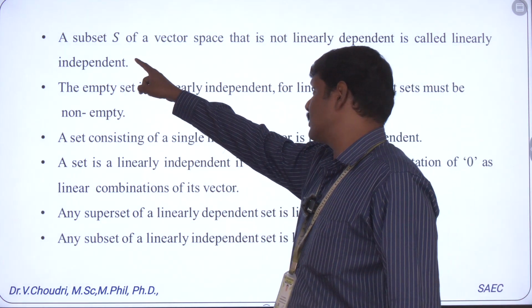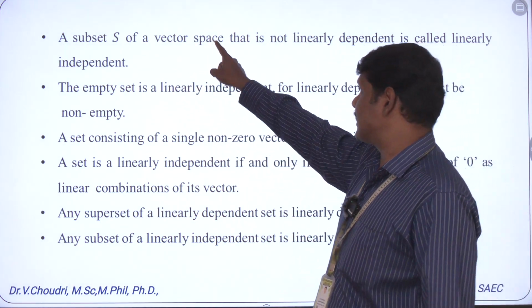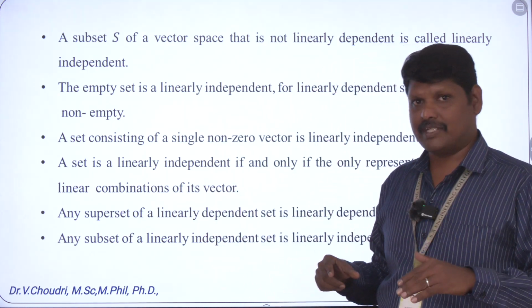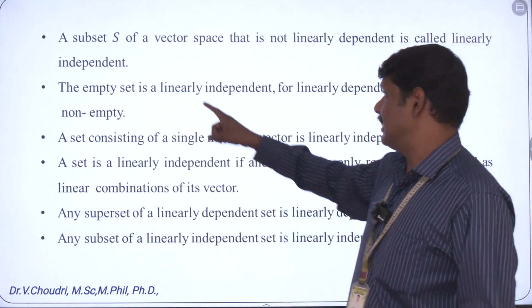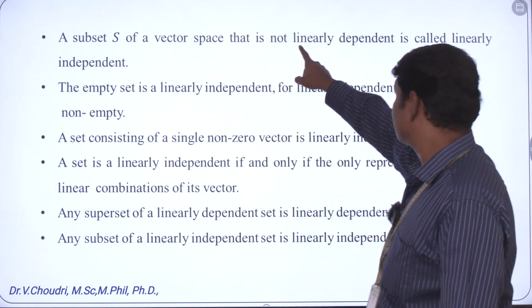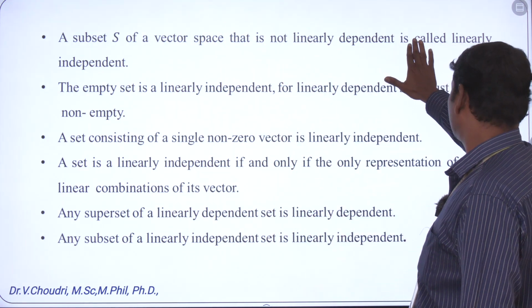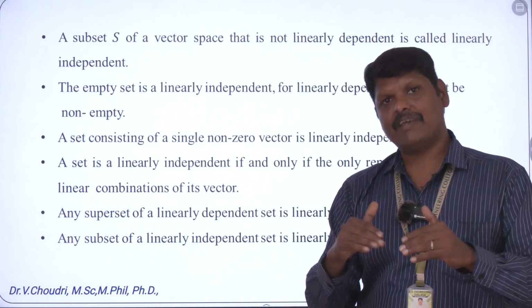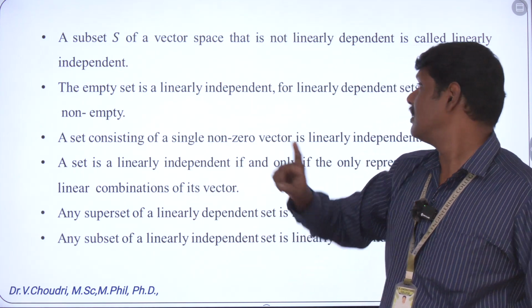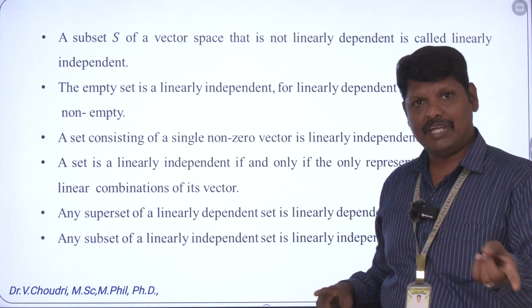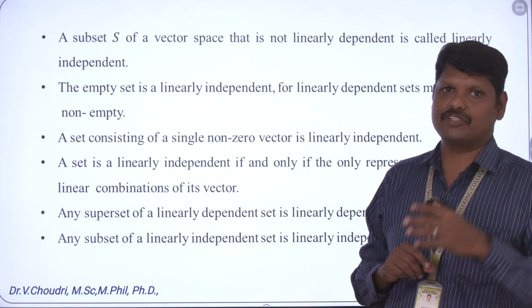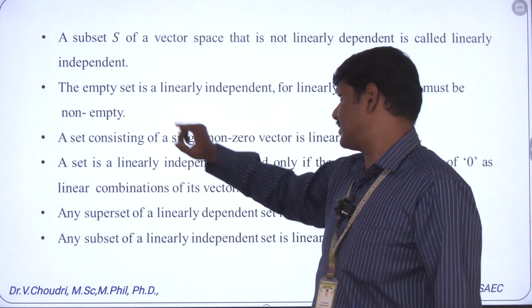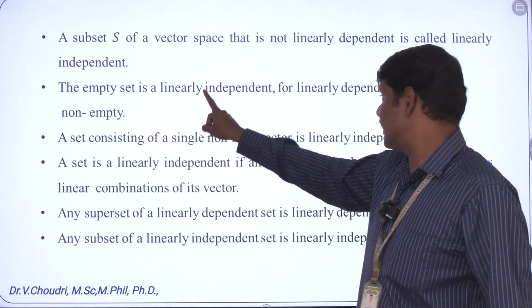A subset: when we take a subset from the vector space, a basis is also a subset. Take another subset S of a vector space that is not linearly dependent; it is called linearly independent. When we take any subset from the vector space, if it is not linearly dependent, surely it will be independent. There are two cases only. The empty set is linearly independent.